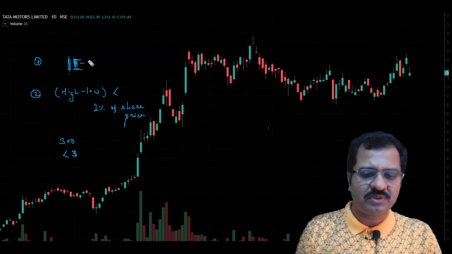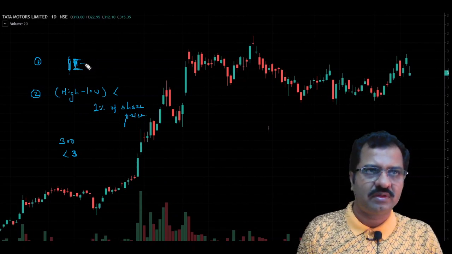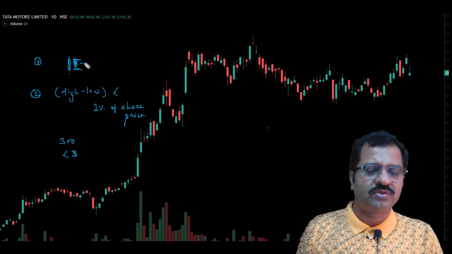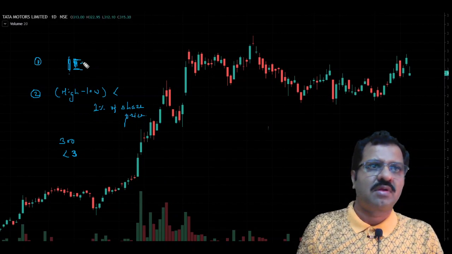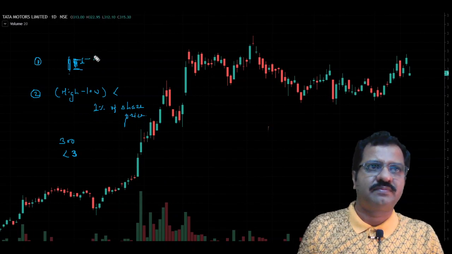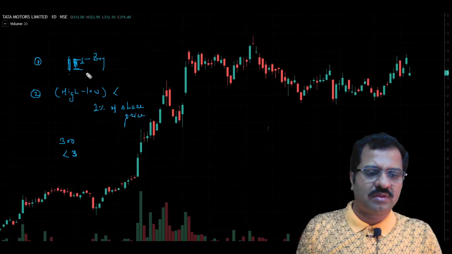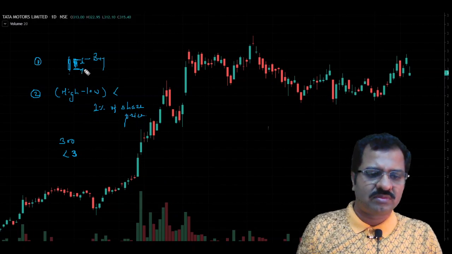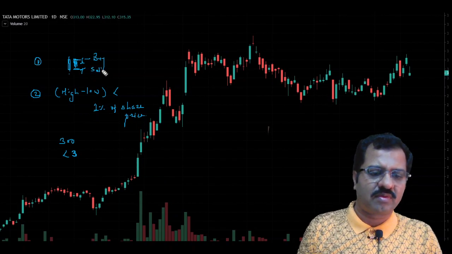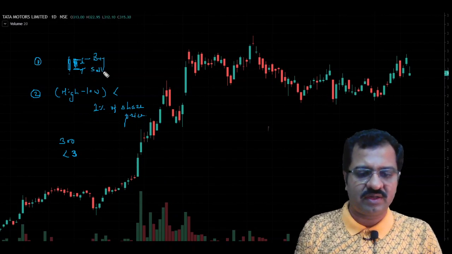If this happens, then you should wait for the price to cross the high or low. If it crosses the high, you will enter here, buy. If it crosses below, you will enter here as sell. This will be an intraday trade.